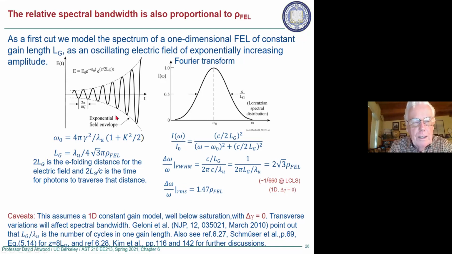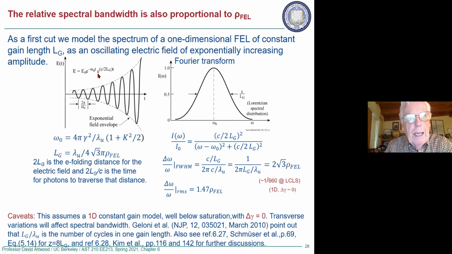So here's the model. There's a wave that starts over here with some amplitude E0, and it's oscillating in time with a frequency omega 0. That's going to be related to our undulator equation.